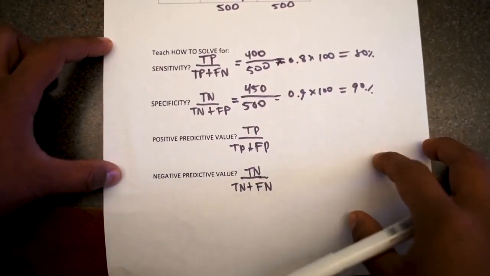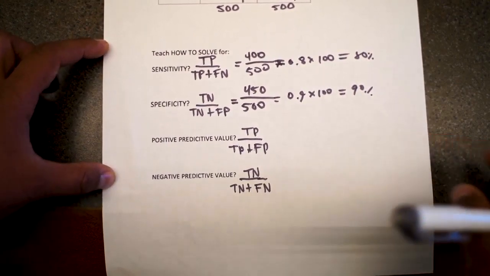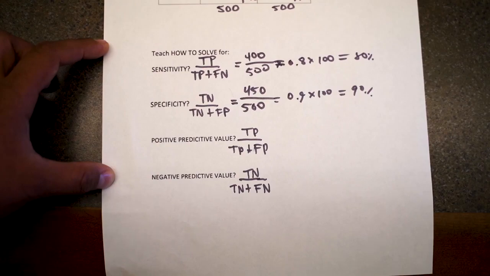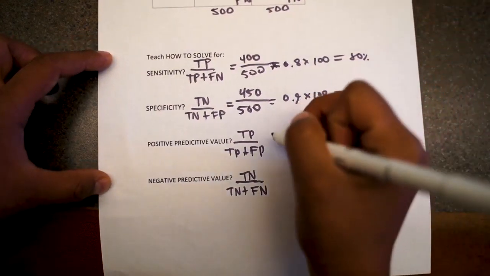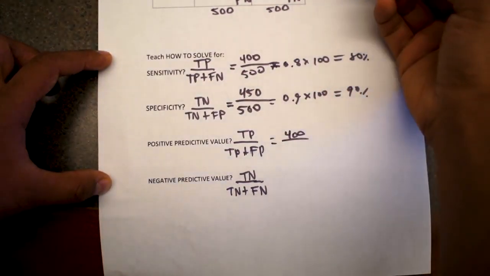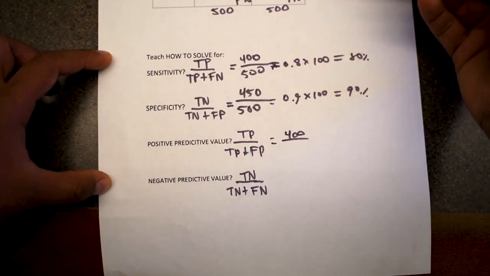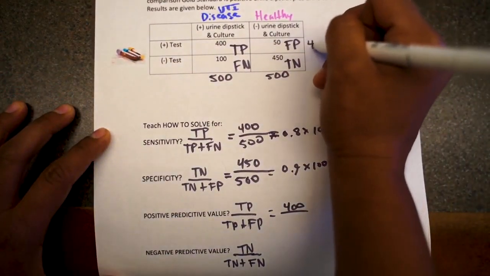So when we solve for positive predictive value, we know that this is a proportion of true positive over all test positive, all who tested positive. So our true positive in this case is 400. So we can go ahead and plug in 400 here. And to make matters easier, I can add up all our positives here, which is, sorry about that, this is 450 in total.